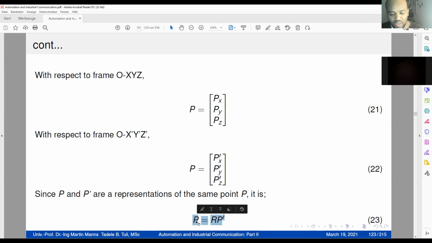So finally we have a 3 by 1 vector. Position is a 3 by 1 vector. So a vector equals a matrix multiplied by a vector, which gives you a vector.